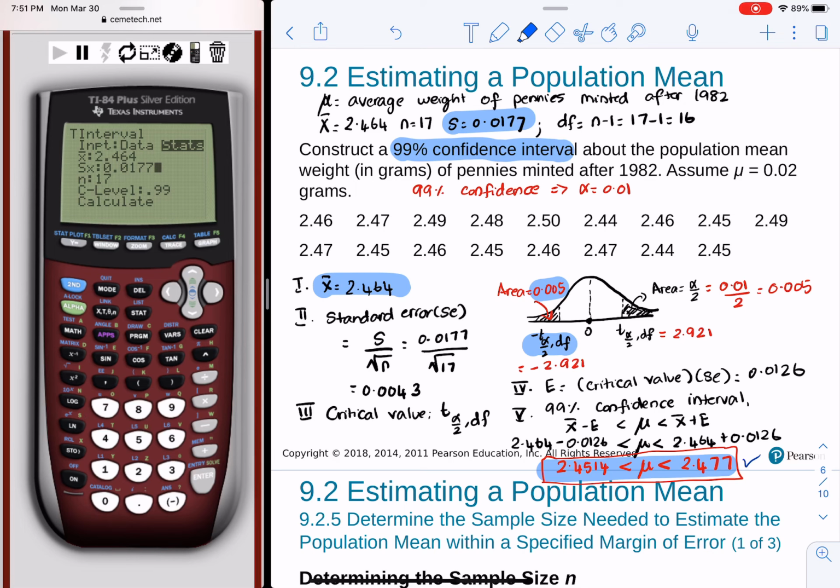The confidence level is 99, so we leave it as 0.99. Hit calculate. We end up getting the exact same answer. Could be slightly off by a tiny bit, and it typically happens due to the sample size.